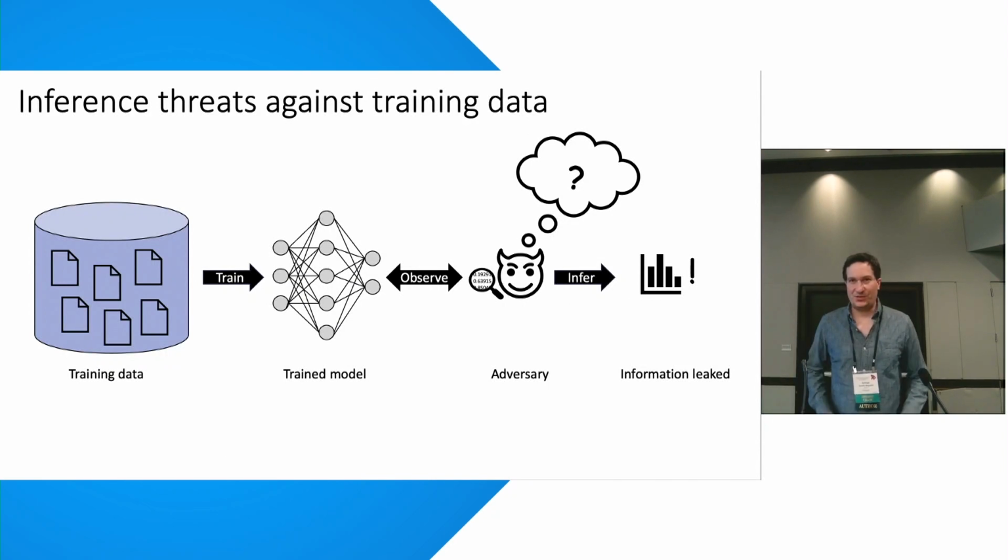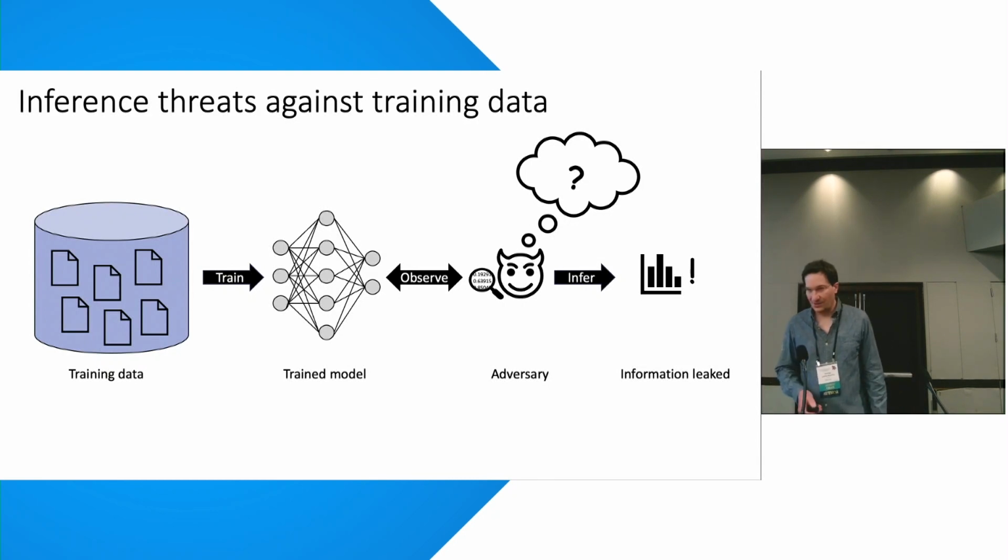So let me set up the context for the rest of the talk. There are many security and privacy threats in machine learning. Here I will be focusing on a particular kind of threat: attacks that try to infer information about training data in machine learning models. So we have a set of documents or records that are used to train a machine learning model. And then that model is published, made available to users.